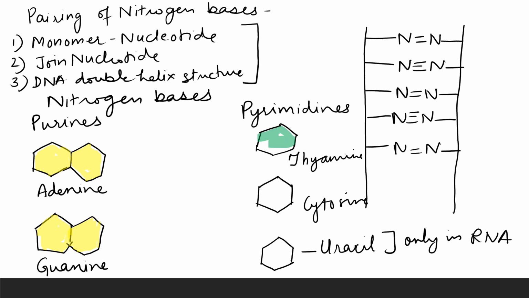So we have pyrimidine, right? So now our topic is how these nitrogen bases are attached. Okay. Uracil, I'm coloring it with a different color. Just want you guys to remember that this is a part of RNA. Okay.